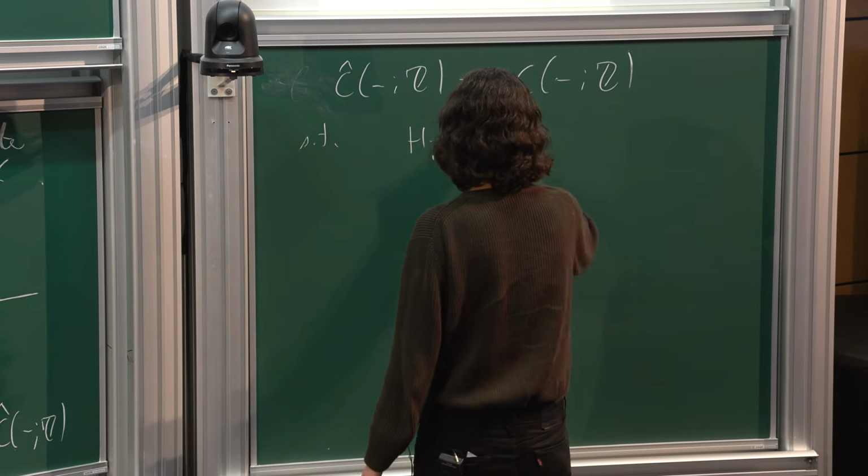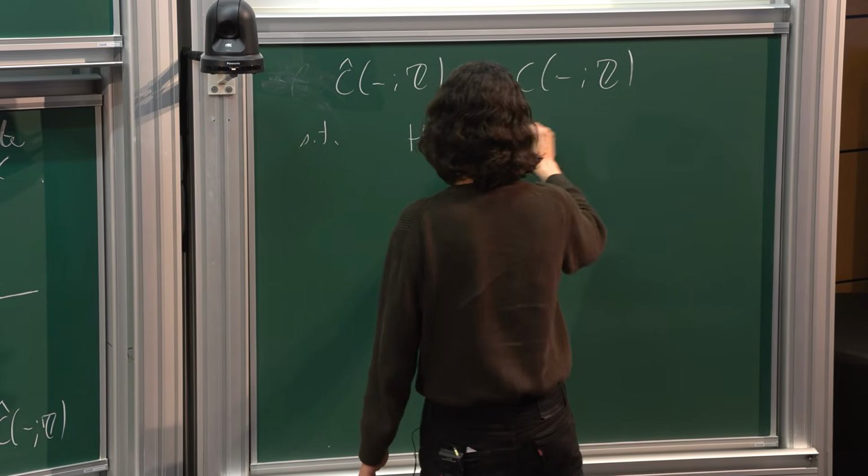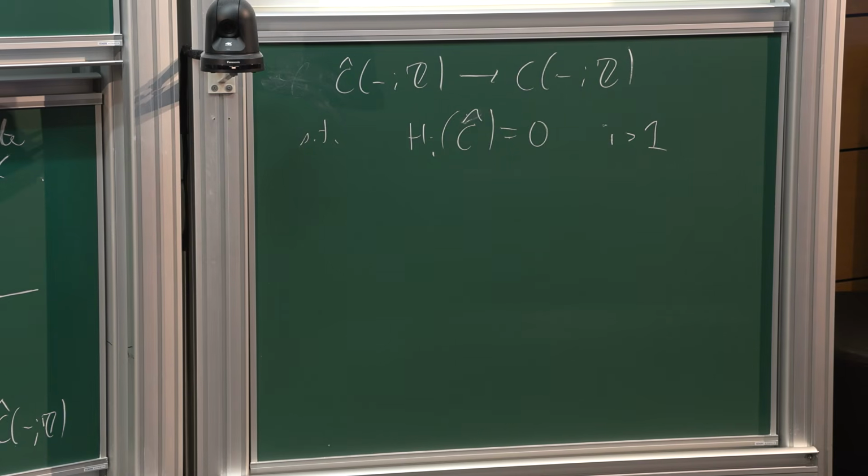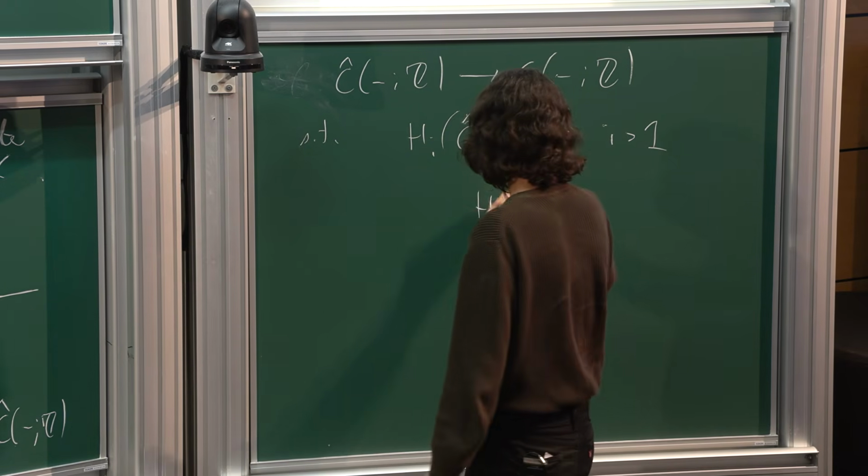so that if you take the homology of this, it is 0 for i bigger than 1 now. So we got rid of the H2, but we brought it into the H1 instead.